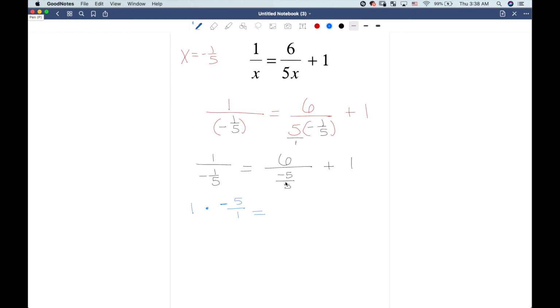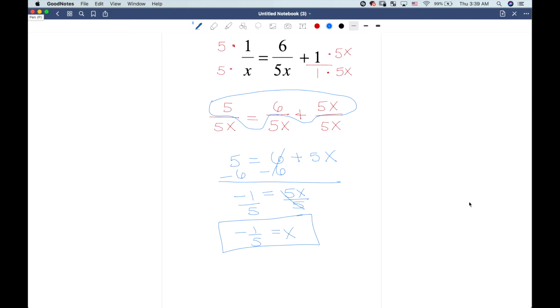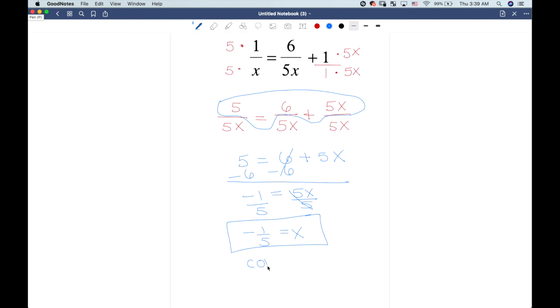So 6 divided by negative 1 is just negative 6. And I'm going to bring the 1 down. 1 times negative 5 divided by 1 is negative 5. Negative 5 times 1 is negative 5. Negative 6 plus 1 is negative 5. So negative 5 does equal negative 5, meaning this solution that we got is correct.